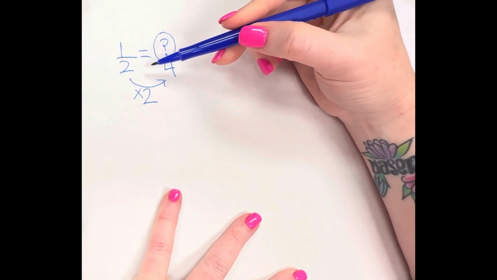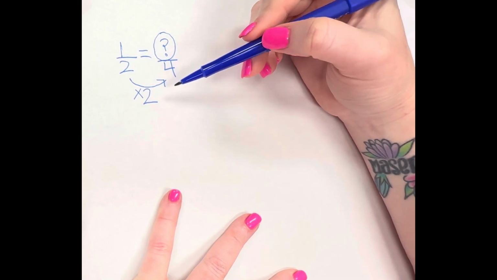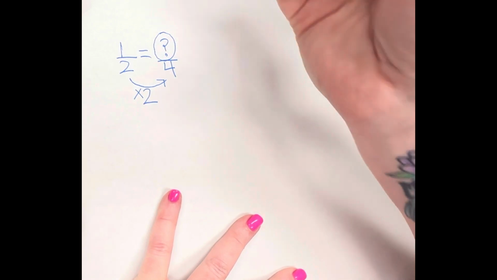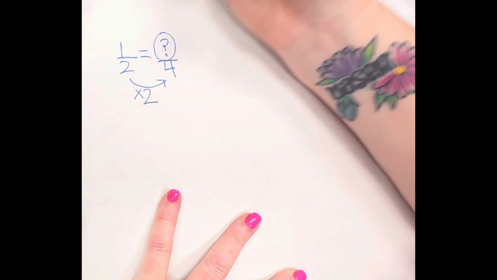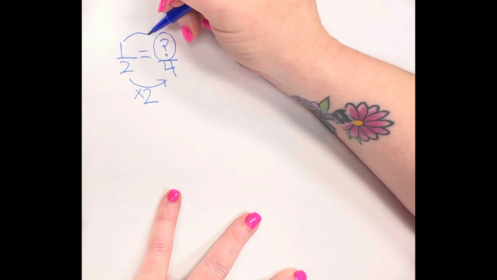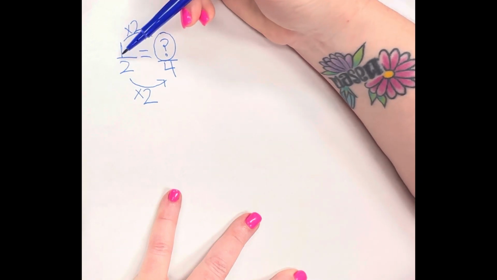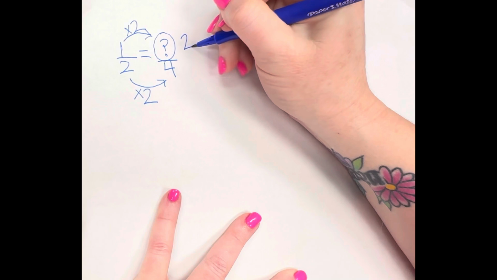So one thing about fractions is that they are going to be whiny if you do not do the same thing to the top that you have done to the bottom. It's going to start crying about it's not fair, and nobody wants to hear that. So if you multiply by 2 on the bottom, you're going to need to multiply by 2 on the top as well. And everybody, all together now, 1 times 2 is 2.